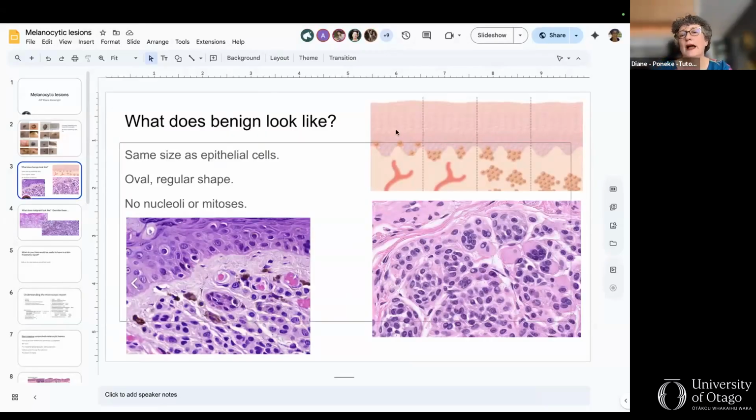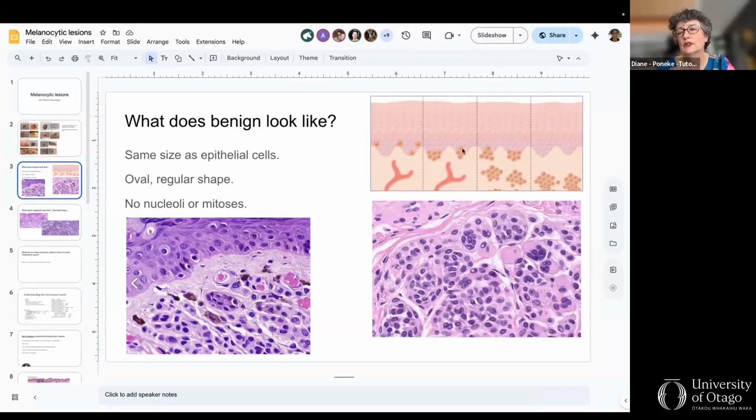Normal melanocytes are about the same size as epidermal cells. This picture shows the life cycle of the normal melanocytic nevus cell, where first it forms little junctional nests, then it forms nests in both places, and finally it matures out and is in the dermis.